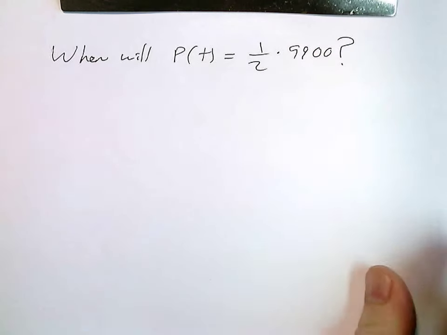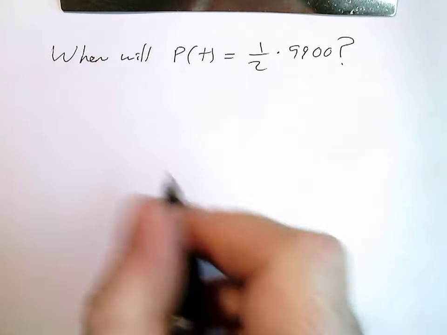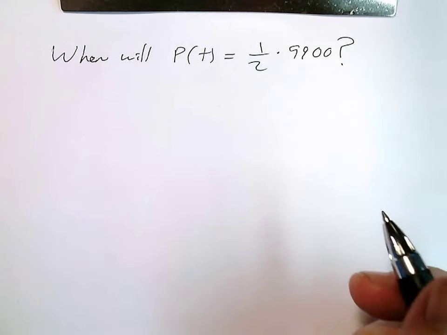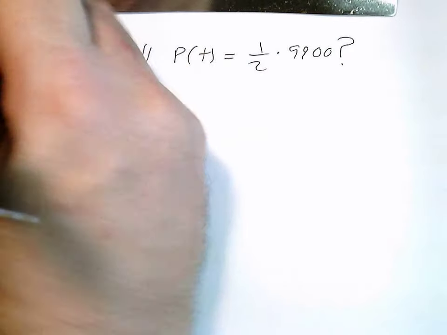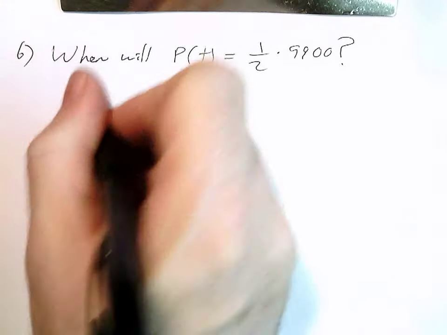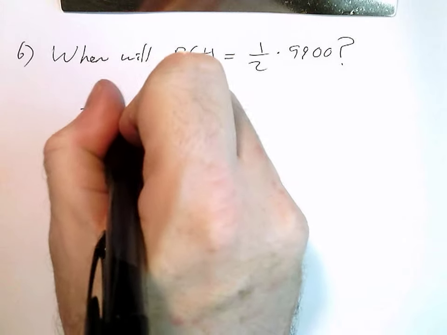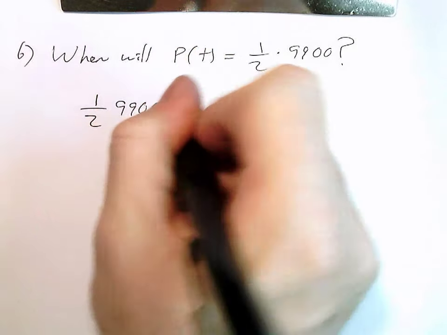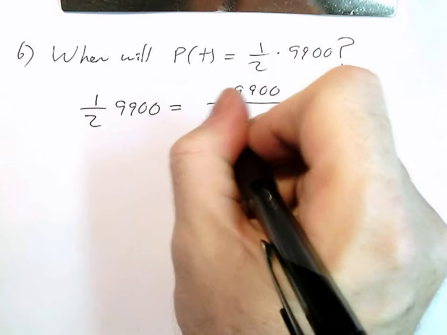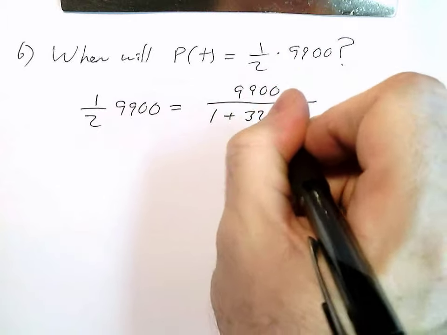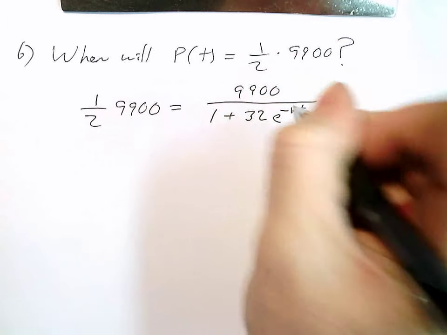So this is part B here. So now we have to solve this. So we would say 1/2 times 9,900 is our 9,900 over our 1 plus 32 e to the minus kt.